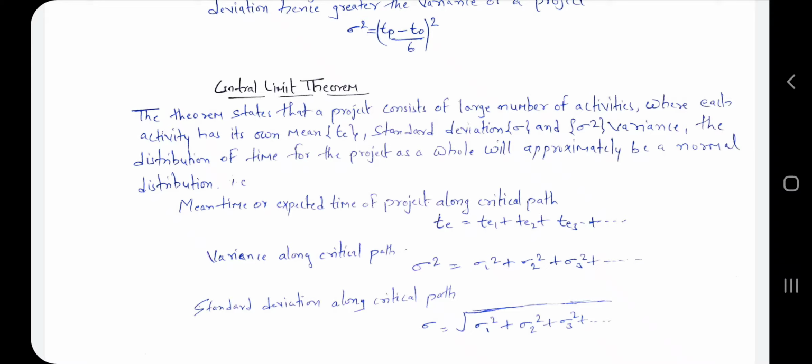For variance, sigma 1 square, sigma 2 square, sigma 3 square, and for standard deviation, the square root of sigma 1 square plus sigma 2 square plus sigma 3 square. In this way you have to find the mean, variance, and standard deviation for each activity if you consider a project.